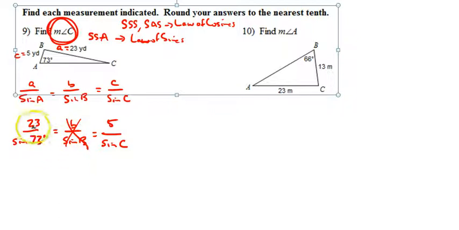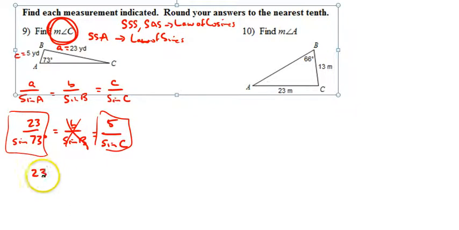Later on you'll have to do that, but just setting up this proportion, this fraction is equal to this fraction, cross multiply it. So we've got 23 times the sine of C, equals the sine of 73 degrees times 5.